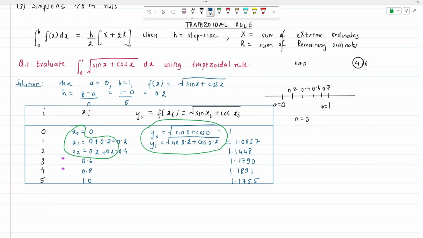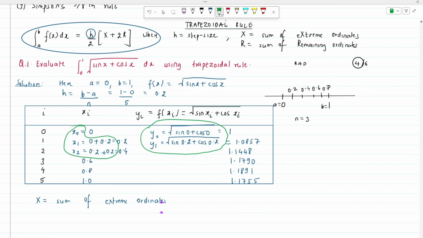After the table of values is ready, we can move on to the calculation of the integral. Have a look again: the integration is evaluated as h by 2 times capital X plus 2 times capital R. Now h we already know is 0.2. Now let's talk about X. X happens to be the sum of extreme ordinates.